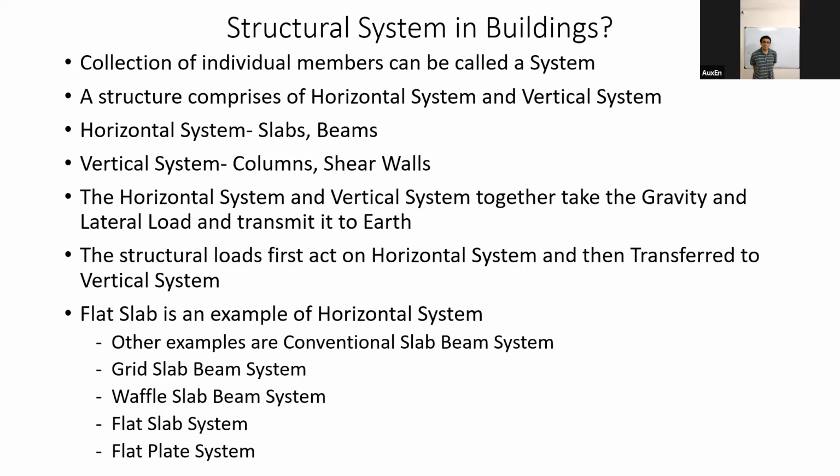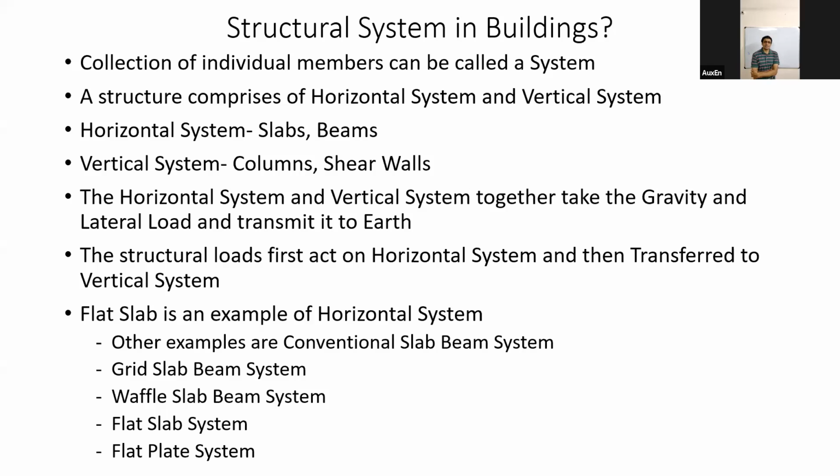Now, some examples of horizontal systems. Horizontal systems mainly include a plate-like element, a flat element, that we call a slab. Then there is another element called a beam, and these are components of the horizontal system.